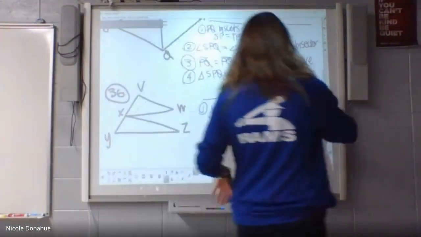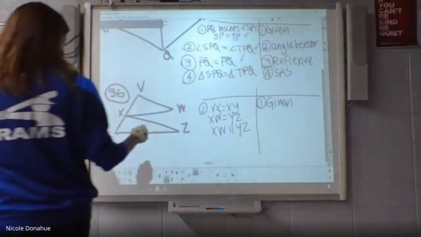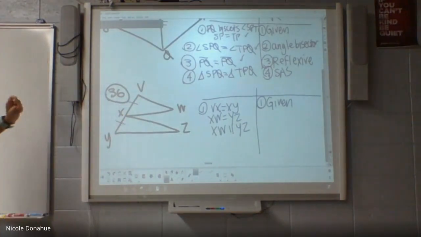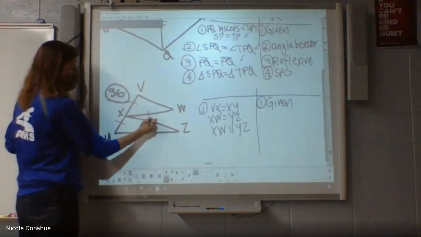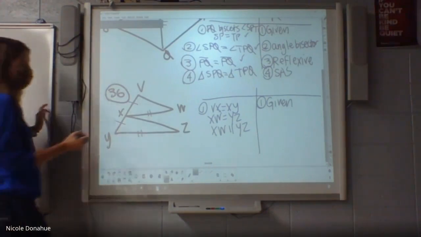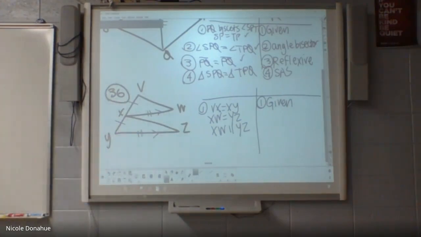So they tell me that VX equals XY. Then they tell me XW equals YZ. But then they also tell us those are parallel. So all that is given to us. So we already have 2 sides, and we also have parallel lines.